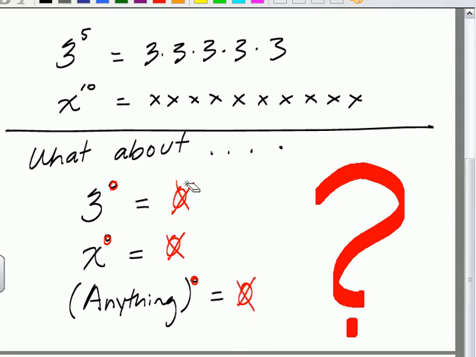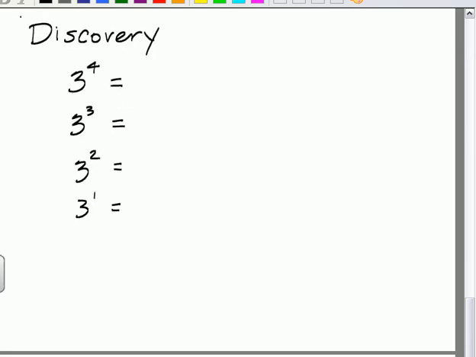So let me erase that and say, well, what is it? Let's do a little bit of discovery. We are going to figure out what we think 3 to the 0 is. Students think a lot of times that math is just formulas and rules and things to memorize, and it just breaks my heart when I hear that.